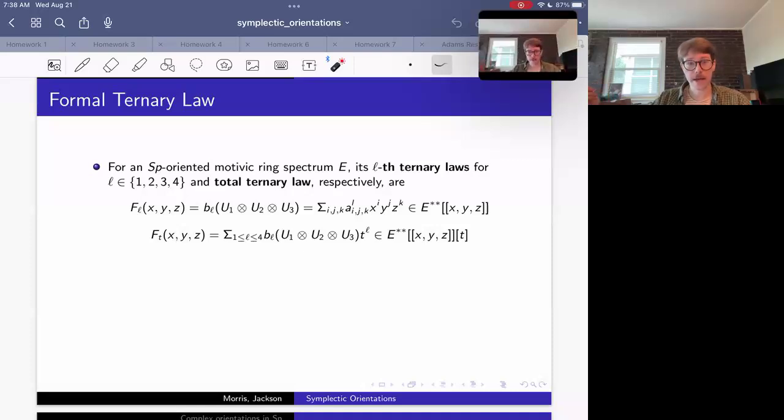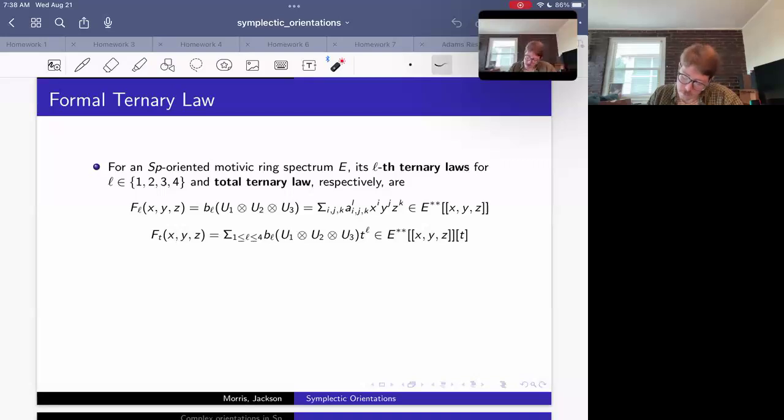But I'm just going to say out loud that if I have some symplectically oriented ring spectrum, it gets 4 ternary laws that do satisfy the properties that we want. It's some power series in 4 variables, and it does end up recovering the Borel class of U1 tensor U2 tensor U3. I get one for each of the Borel classes for this bundle.